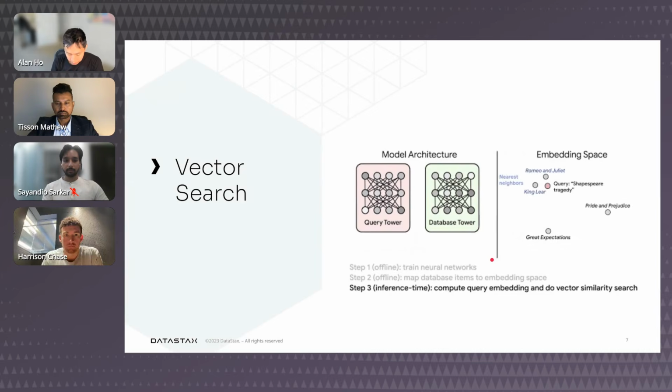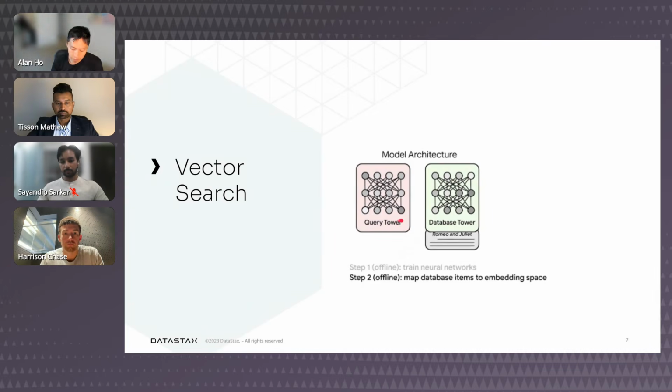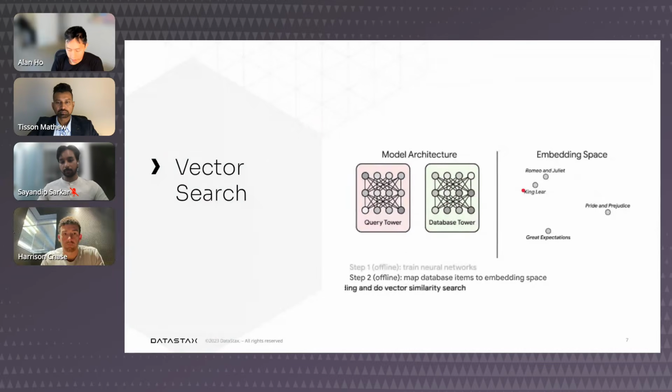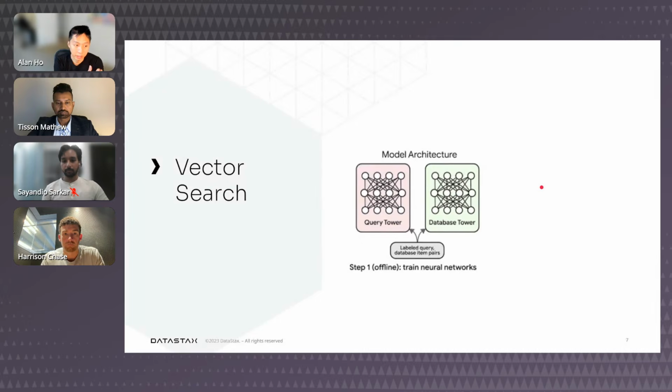And the key part of this is vector search. At a very high level, the way that vector search works is that you train your neural network to build this quote unquote embedding model. And any data that comes in gets mapped into what we call an embedding space. So that at the time when you have a query, let's say the Shakespeare query, you're able to find data that's related to your query in your existing vector database.